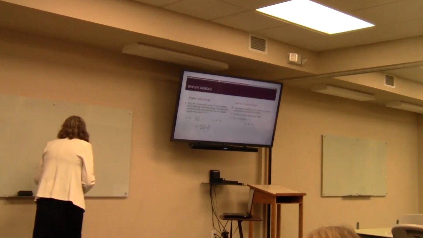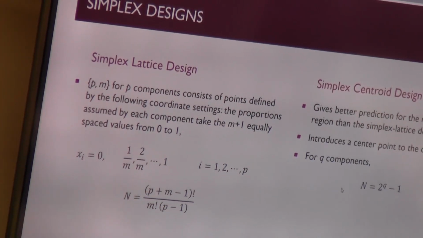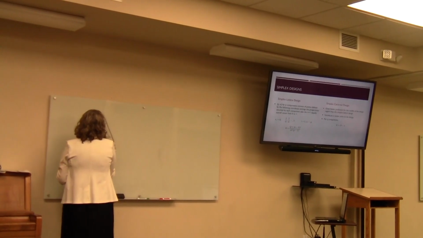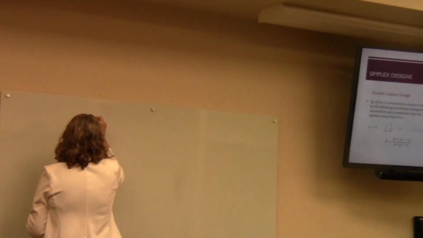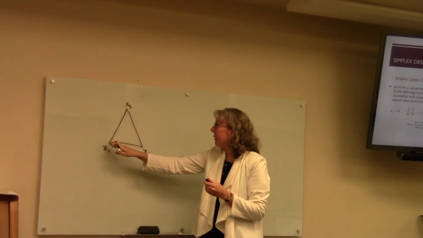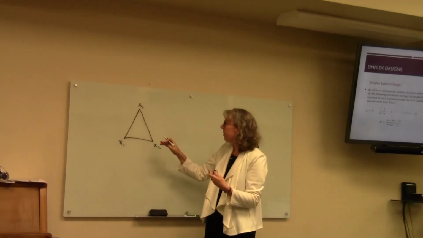Simplex designs. I have this slide, but I think it's going to make more sense if I draw it. Let's say we have 3 components. At one point it'll be 0, and at one point it will be 1, and there are different proportions.